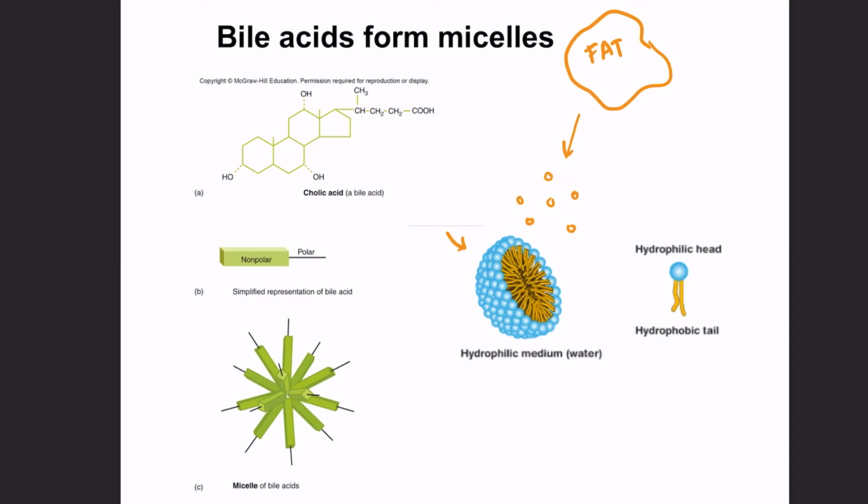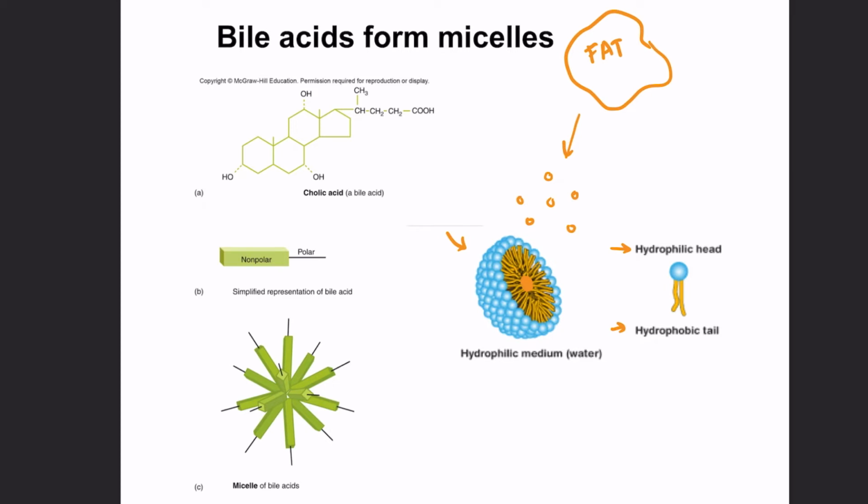And these bile acids are amphipathic, where they have a hydrophilic head and a hydrophobic tail. And so what happens is these micelles form around these fat globules.